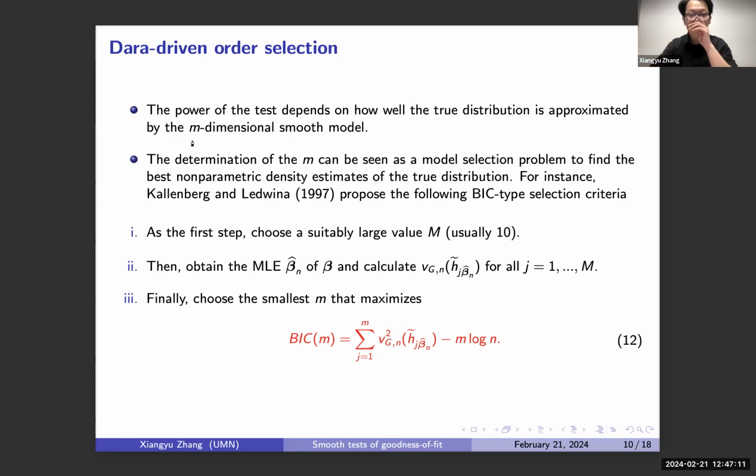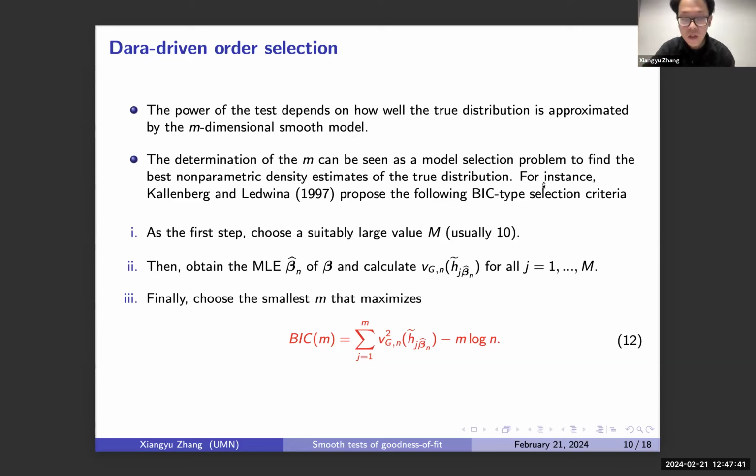That's why we say the power of the test depends on how well the true model is approximated by this M-dimensional smooth model. And the determination of this M, from this thinking, can be seen as a model selection problem to find the best non-parametric density estimate of the true distribution. So we try to find the M that can provide a good estimation of the true distribution.